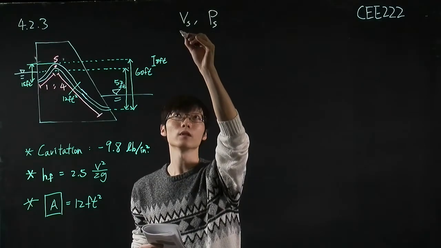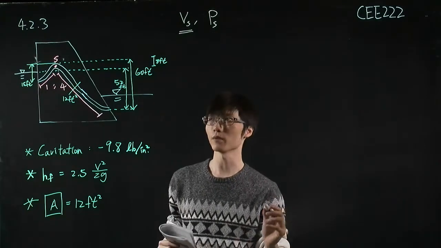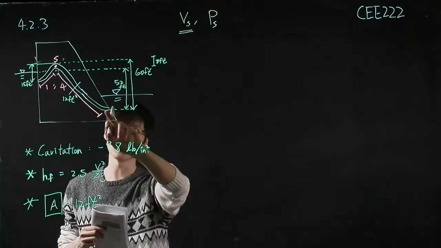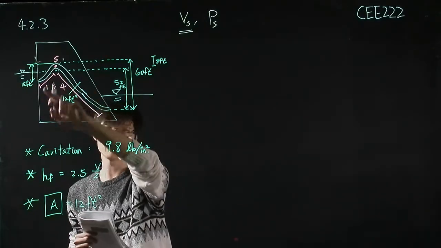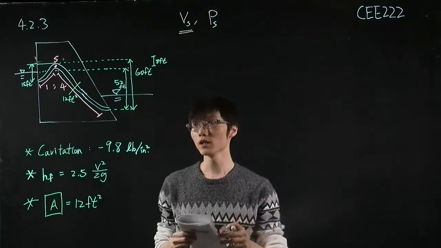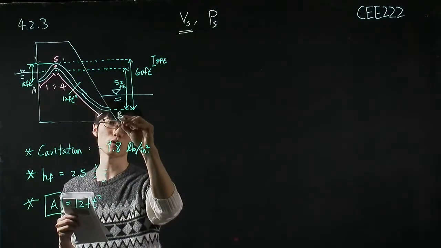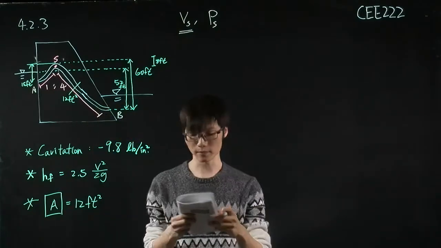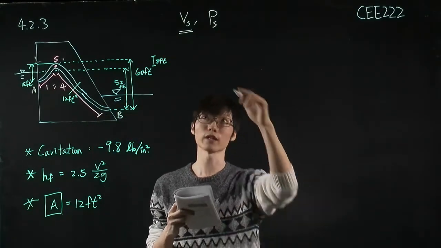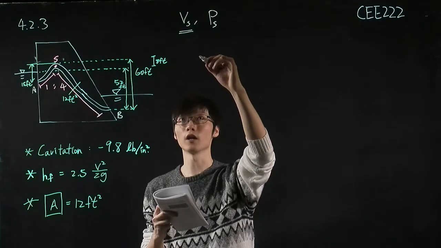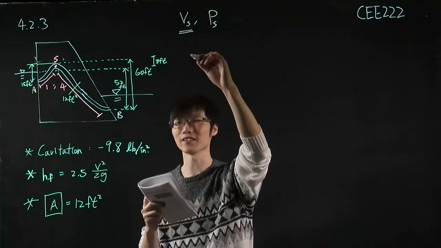So let's solve the velocity first, because the velocity is equal throughout this spillway. Let's use this point A and this point B to solve for V_S.